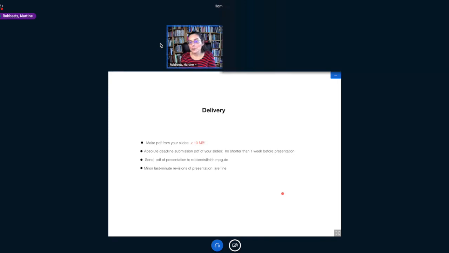And if, when rehearsing in the last week, you suddenly see that there is a minor typo, or you still think, oh no, this slide is not really fluent, I'm going to change that slide, then feel free to do that. It's fine to make some minor last minute revisions, as long as I have a basic presentation that will do.